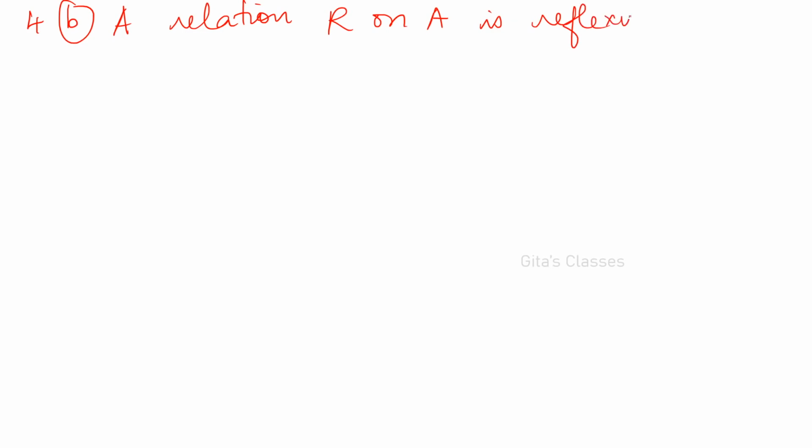This is question number 4. Sorry, 4A is over. 4B we have to write. The question is: a relation R on A is reflexive if and only if R inverse is reflexive.